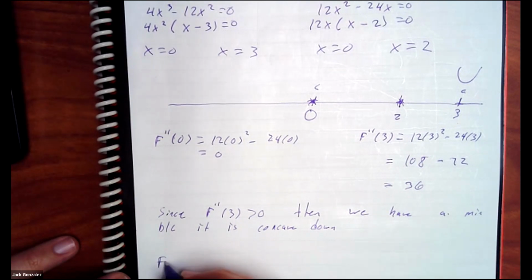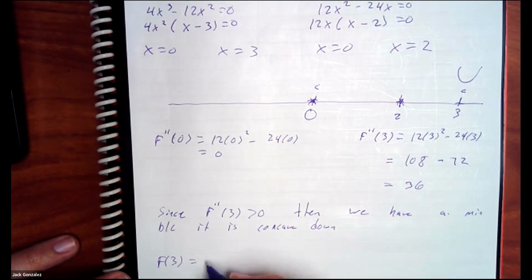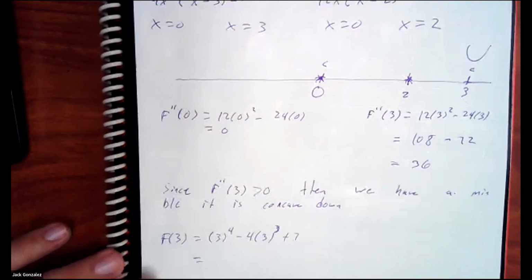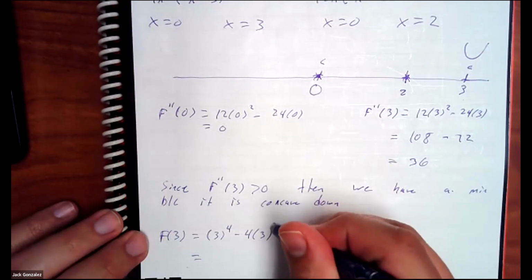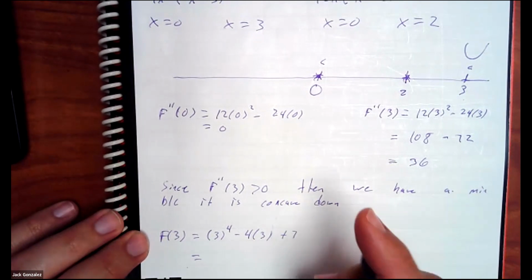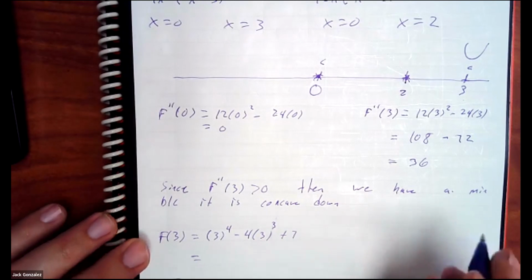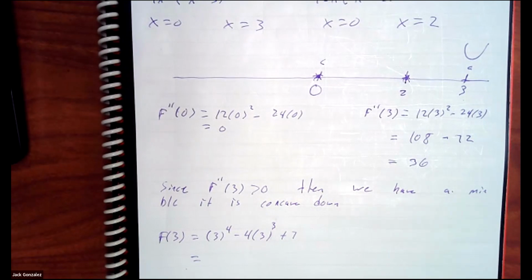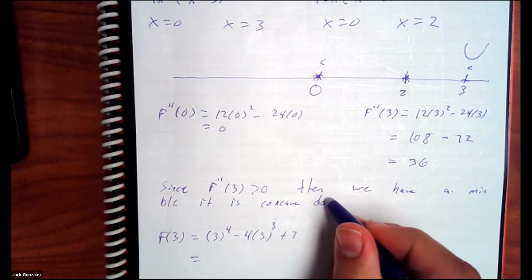So plug in f of 3 to find out the location on the original. What's that total? Is that concave down or up? Up, yes.